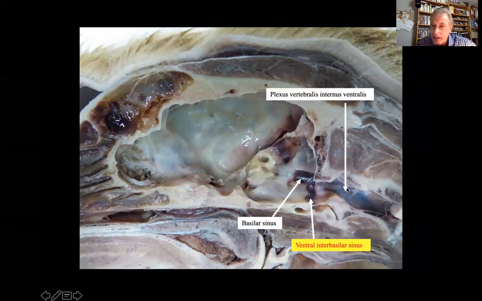And again, you see that this is the plexus that is located ventrally and changes its position at the level of the axis in order to run on a lateral aspect through the condyloid canal to become the basilar sinus. Okay, this is the ventral basilar sinus that we have talked about before.